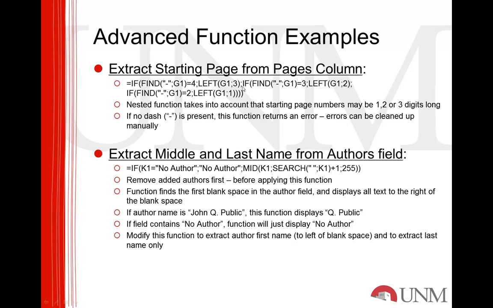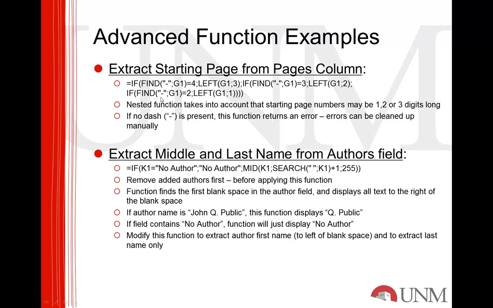If, however, and this is the second if, the dash is located at position 3 in the cell, we only want to get the next 2 characters from the left of the cell. And of course, the third if is if we find that the dash is at position 2, then we only want to get the first character from the left of the cell.